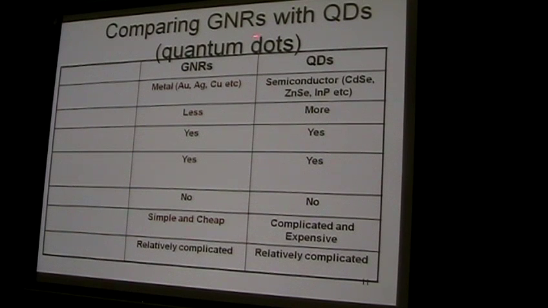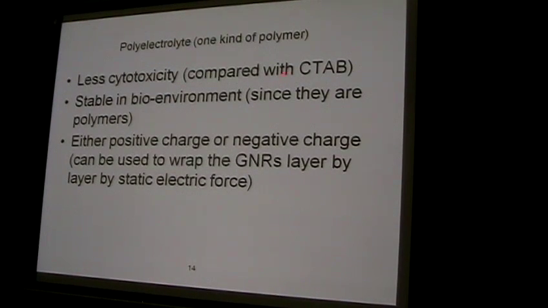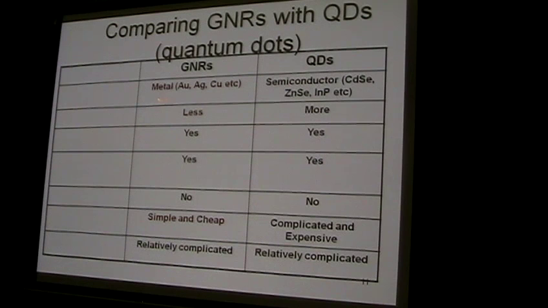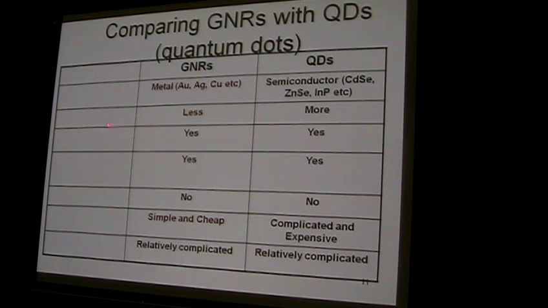So if we compare gold nanorods with quantum dots, in terms of toxicity, gold nanorods are less toxic to the cell, and in terms of synthesis, it is much simpler and cheaper compared to the quantum dot.